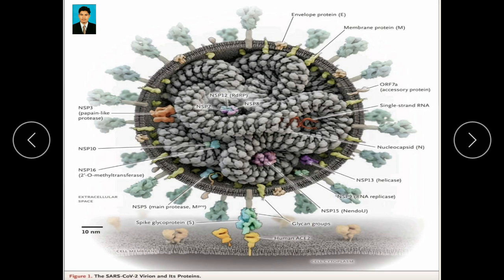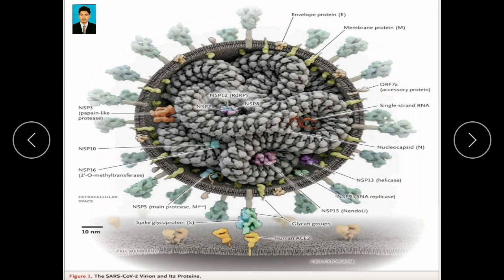When this spike glycoprotein attaches to the human ACE2 receptor, there are some other receptors, that is the transmembrane serine protease TMPRSS2 receptor and other receptors, which play a role in the binding of this receptor interaction, and when this interaction takes place the virus will enter inside the cell.